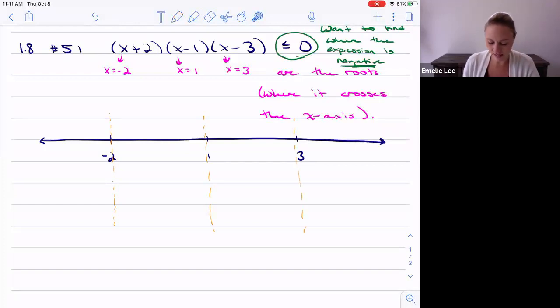Because what we said last day was, okay, this expression behaves the same for all values less than -2. And then it behaves the same for all values between -2 and 1. Same thing between 1 and 3, and then for all values larger than 3.